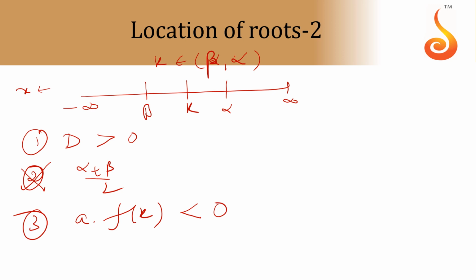So whatever case they give you, please draw the diagram and discuss the three things. What are those three things? Discriminant. Second is the midpoint of the roots. Next, applying the theorem where k is in between the roots or outside the roots. According to that, you have to decide same sign or opposite sign.